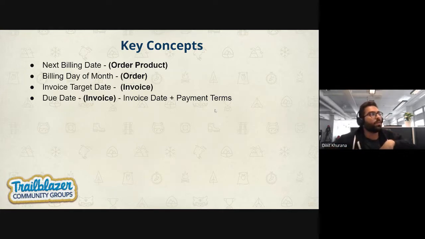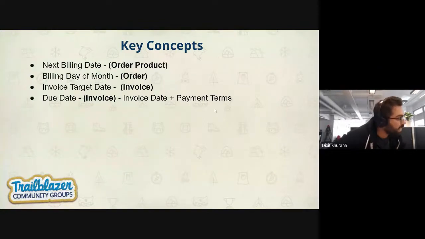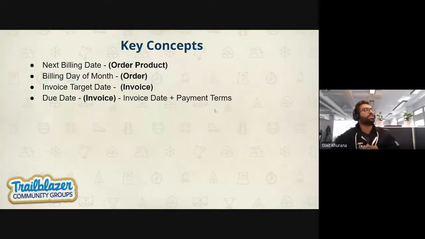There is a way to calculate it, which I'll discuss in the next slide. Billing day of month is present on the order object. It has nothing to do with one time charge type products; it always has a direct relation with recurring products. It suggests which day of the month you want the invoice to be generated.